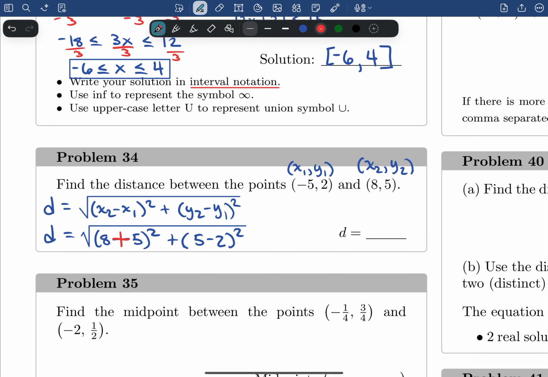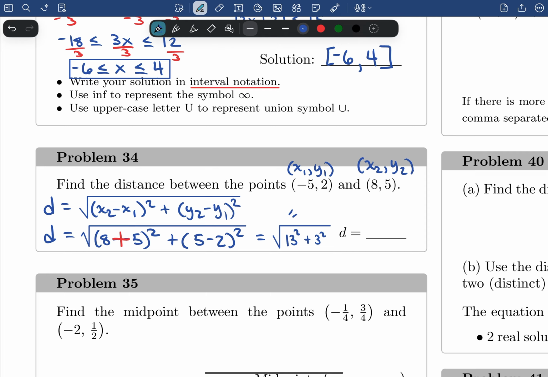When we were applying the slope formula, we saw this happen multiple times. Anyways, now it's time to clean this up, right? This is the square root of, well, 8 plus 5, 13 squared, plus 5 minus 2, which is 3 squared. Okay.